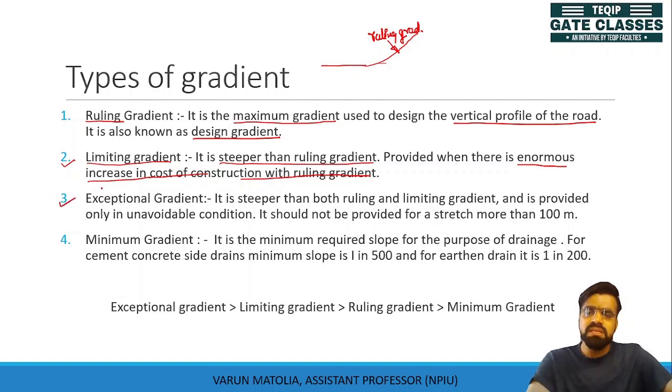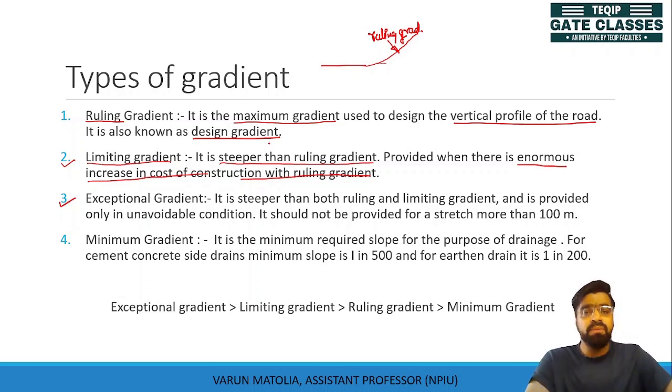Then the third one is exceptional gradient. It is an exception. It will not be provided frequently. If you see roads, you won't find an exceptional gradient. This will be visible only on very steep terrains like mountainous hilly terrain, and that also it is sandwiched between two flatter terrains. It will not be provided for more than 100 meters of stretch.